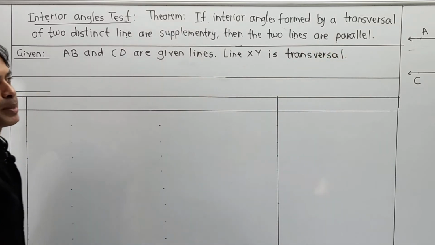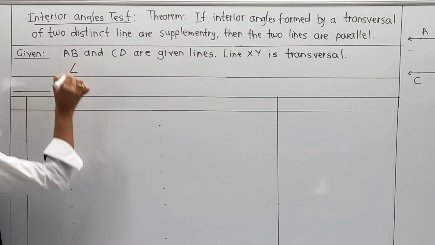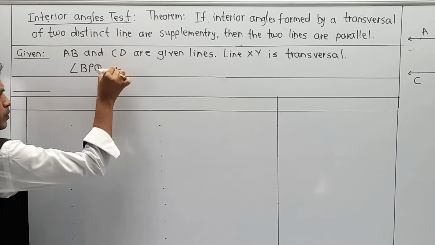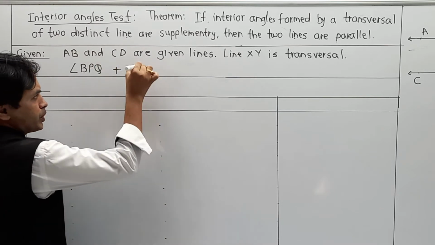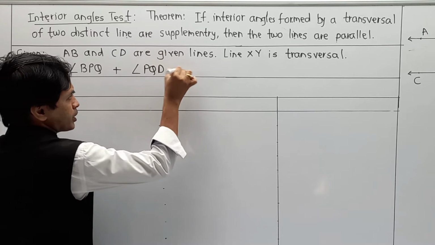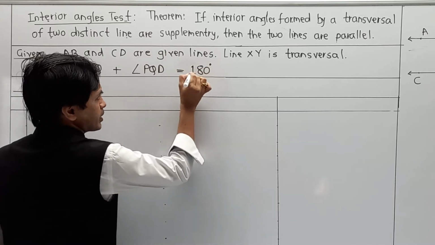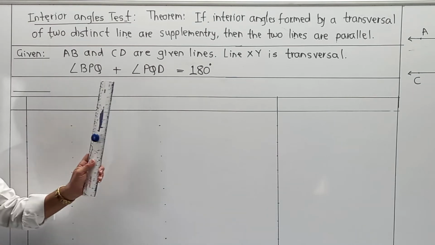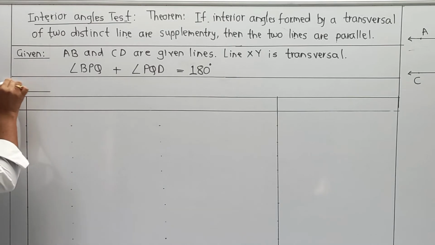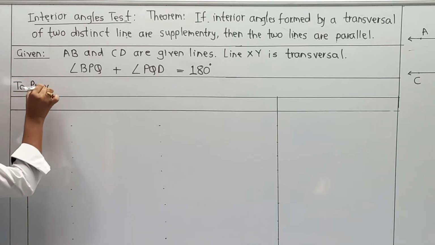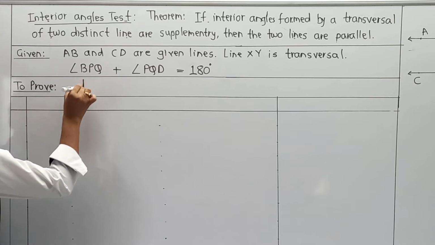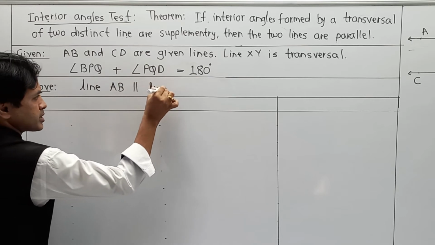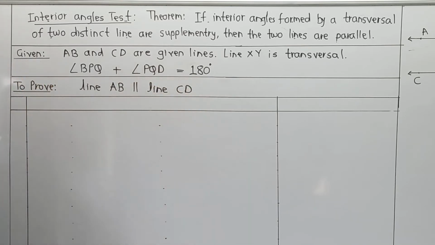And also, angle P plus angle Q, meaning major angle BPQ plus major angle PQD, is equal to 180 degrees. They have given us that. We have to prove that in that case, line AB is parallel to line CD. This is the part to prove over here.